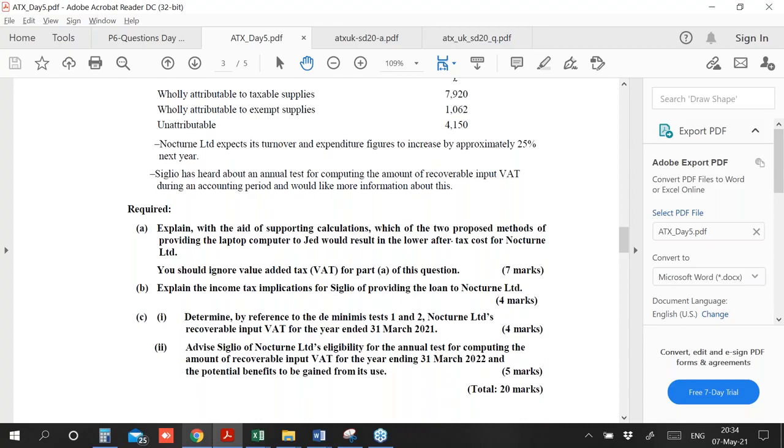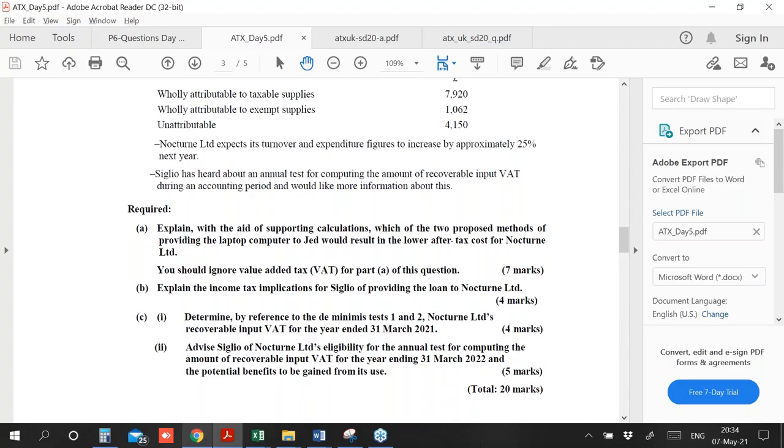So there's one character called Jed to whom the company is giving a laptop, and there are two ways. And now there's an individual, Siglo, who's providing the loan to the company. In C, determine by reference to the de minimis tests 1 and 2 Nocturne Limited's recoverable input VAT for the year ended 31st March 2021.